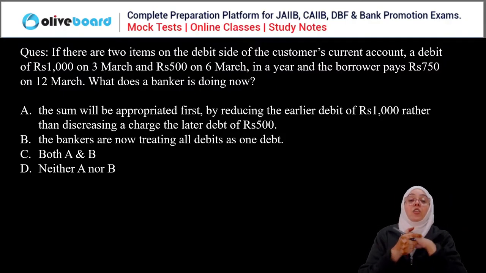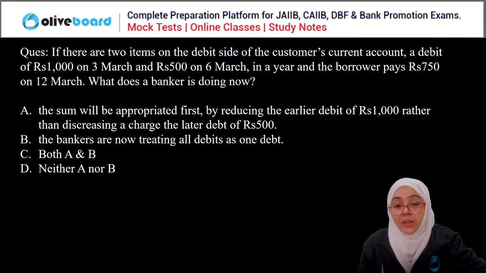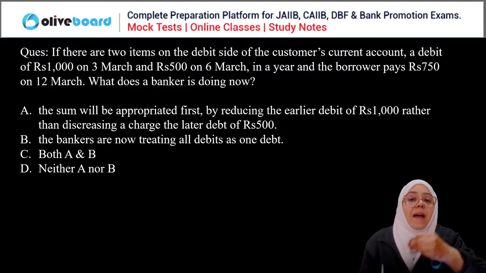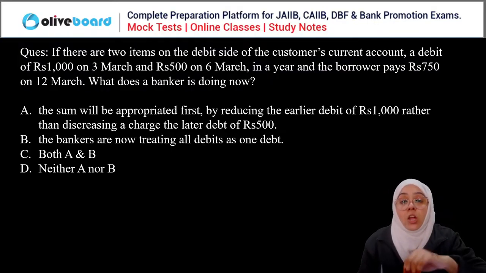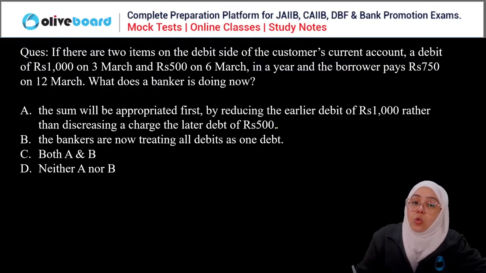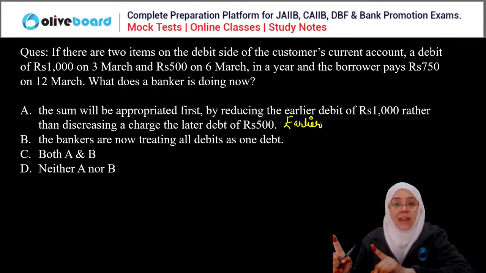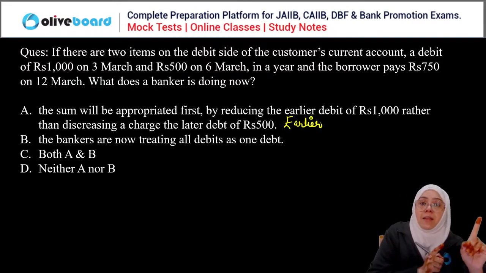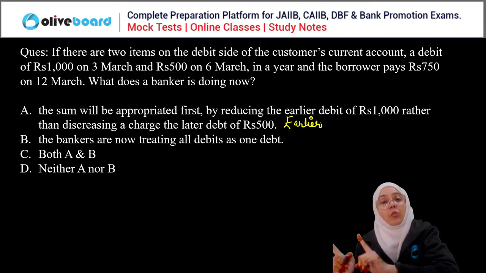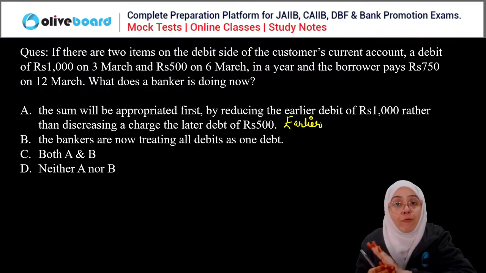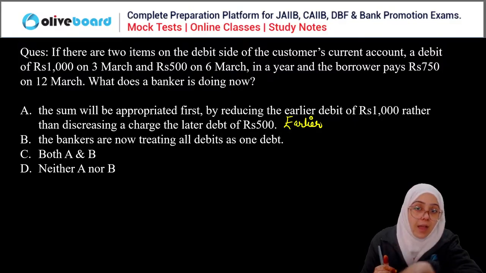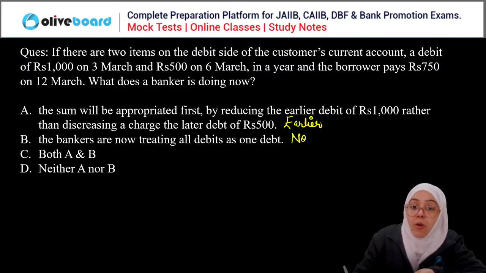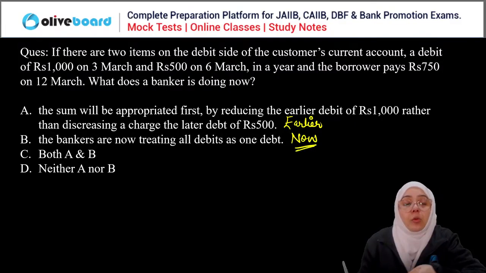Acha. When we're talking about this type of question, right? So what is a banker doing right now? Earlier, bankers used to follow these policies. First they adjust the very first debit, then the second, then the third, then the fourth. This was the rule that was followed earlier by the bankers. But now the bankers are following these rules.